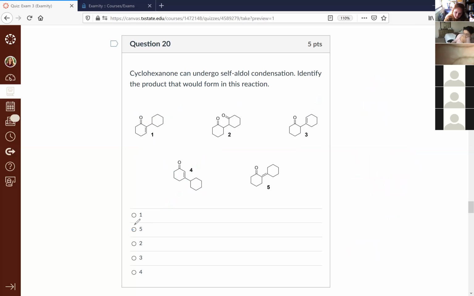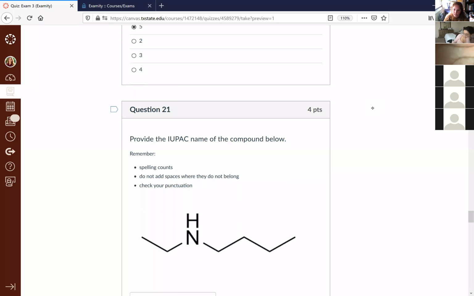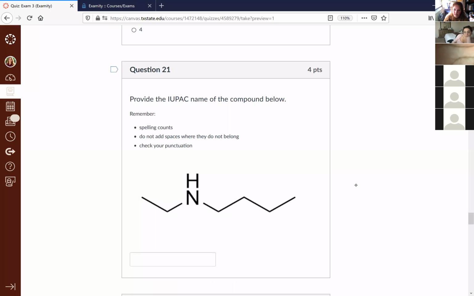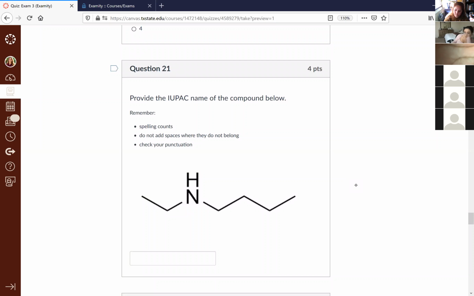That usually works if you understand how the chemistry actually happens. Sometimes I get students who don't understand how the chemistry works, and then they try to do that and it just doesn't work out for them.